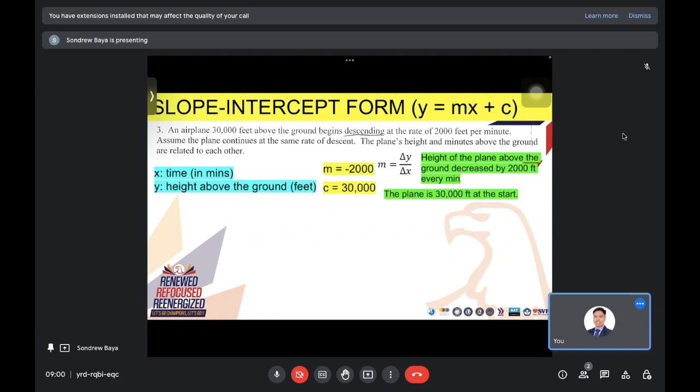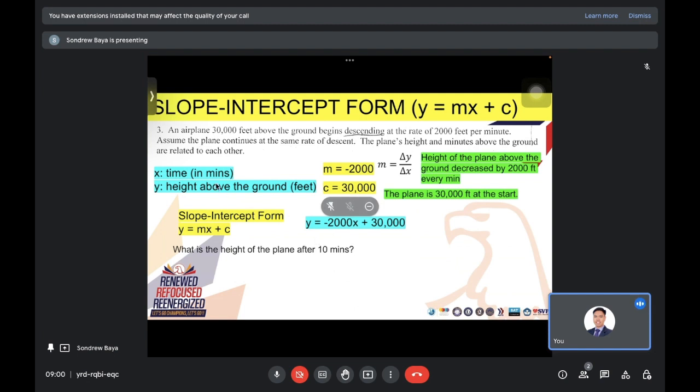All right. So using the slope-intercept form, we know the slope and the y-intercept. Therefore, the equation now is y equals negative 2,000, which is the slope, times x plus 30,000. Now, if the question is, what is the height of the plane after 10 minutes? So 10 minutes is the time, so that is our x.